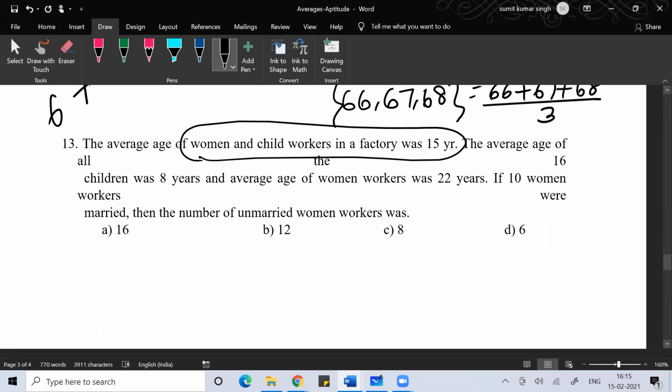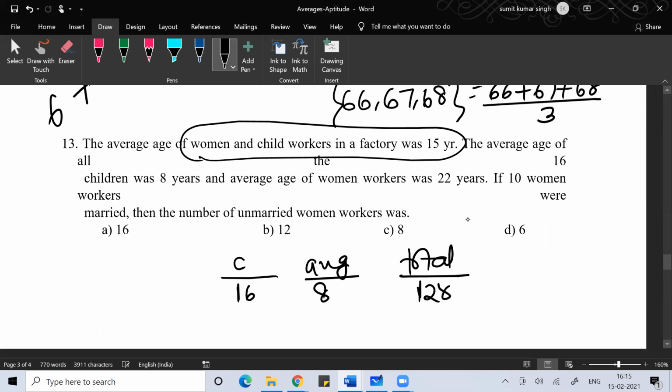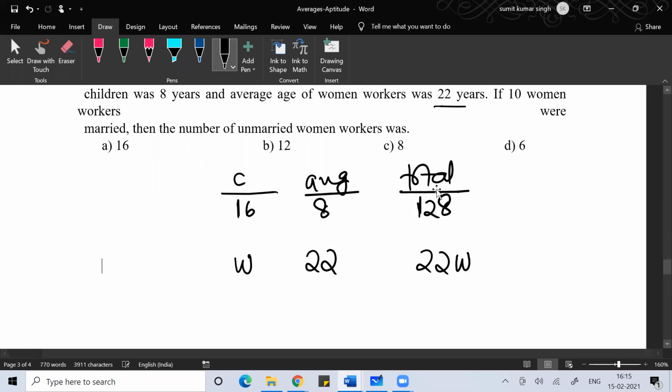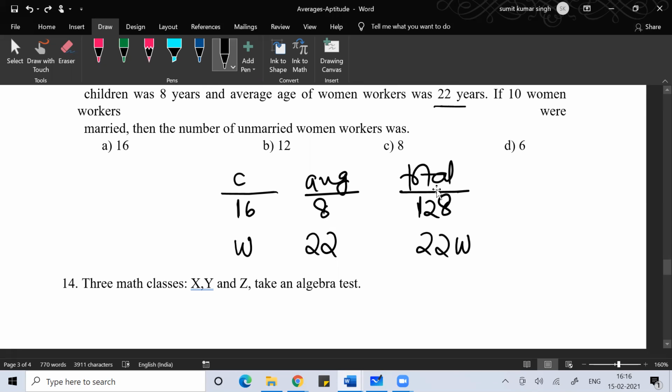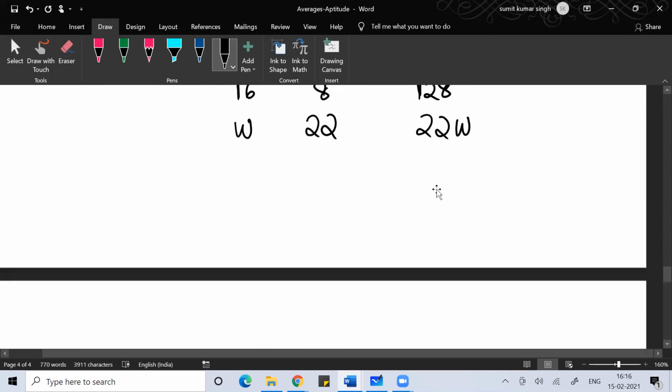The average of all the 16 children was 8 years. So the total 16 children are there and the average is 8, so the total is 128. Let the number of women working be W, and the average age of women is 22, so the total is 22W.